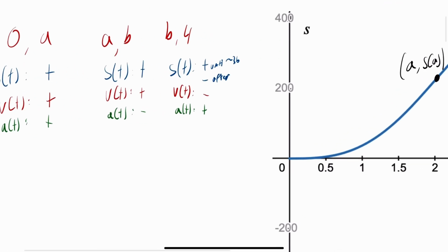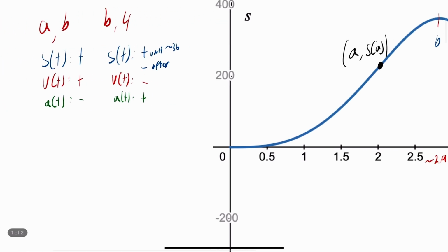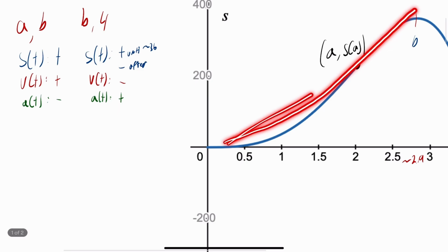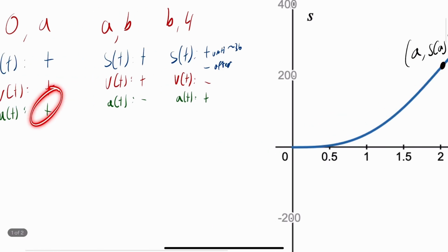But how is it moving? Well, at first it's moving slowly, but then it's increasing. It's going faster and faster away from the origin point. So what does that mean? Our velocity is always positive. From 0 to a, it's always positive and always increasing, since it was going slowly at first, and then faster and faster. So that means our acceleration is positive.